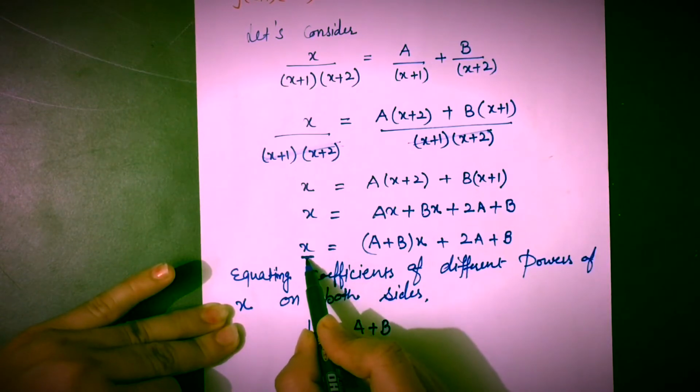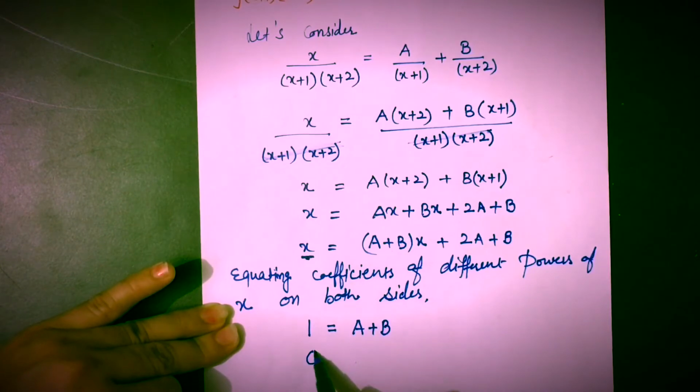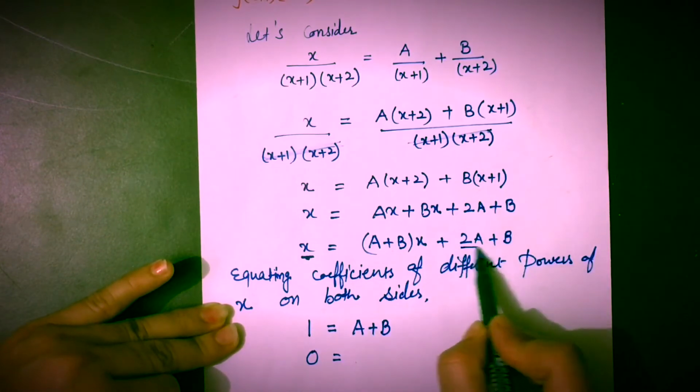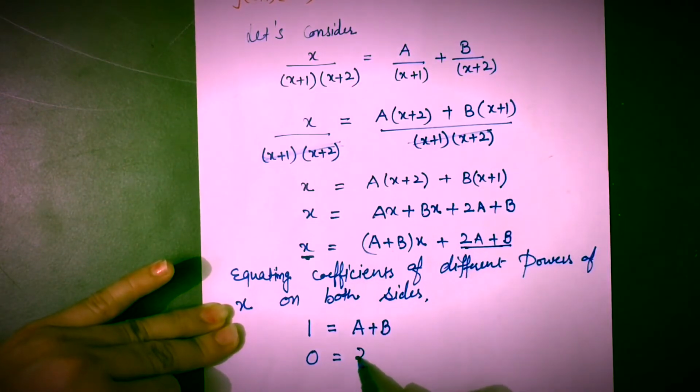Next, on the left side there is no constant term, means it is 0, and on the right side the constant term is 2a plus b.